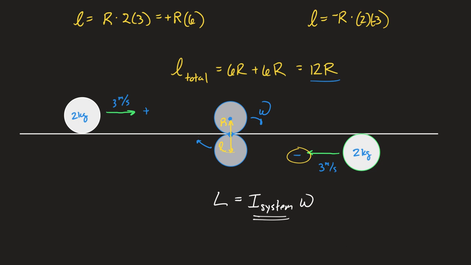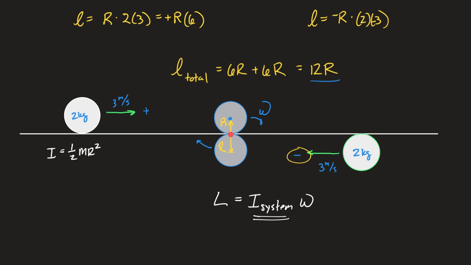So let's take a look at the moment of inertia of our system. These are disks. So they have a moment of inertia of 1/2 mr squared about their center. But they're not spinning about their center. They're spinning about a point on the edge.